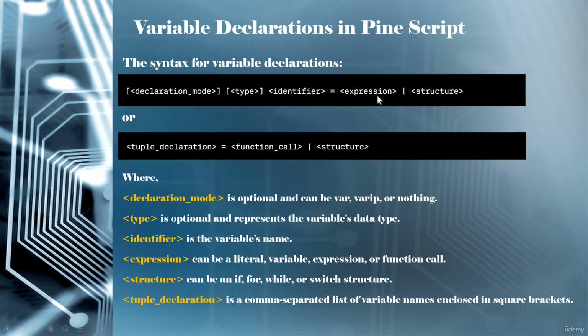Expression can be a literal, variable, expression, or function call. Structure can be if, for, while, or switch structure. And tuple declaration is a comma-separated list of variable names enclosed in square brackets.